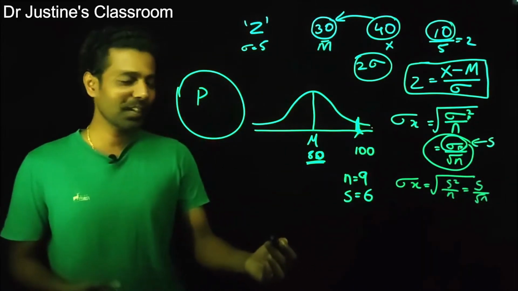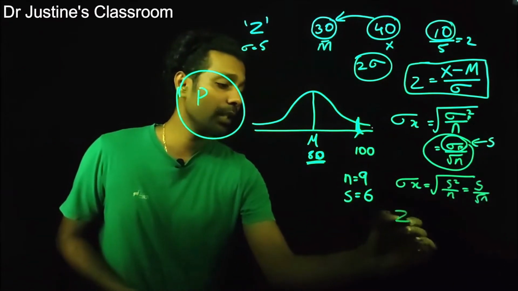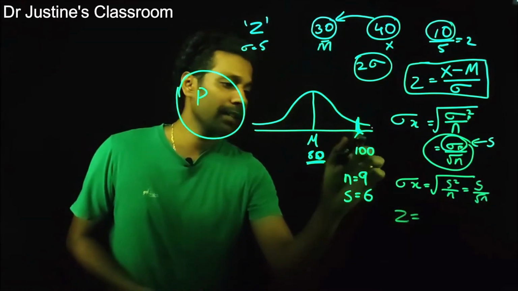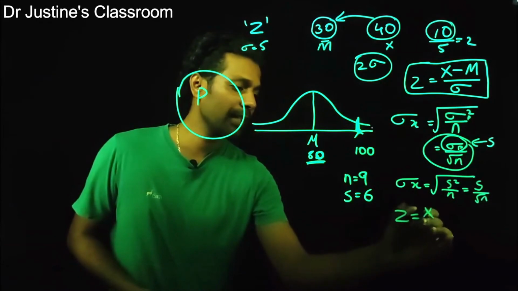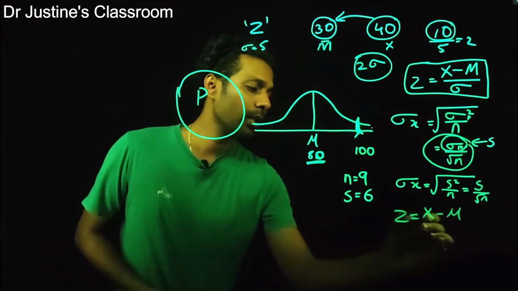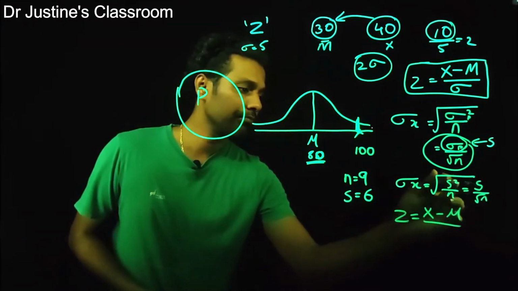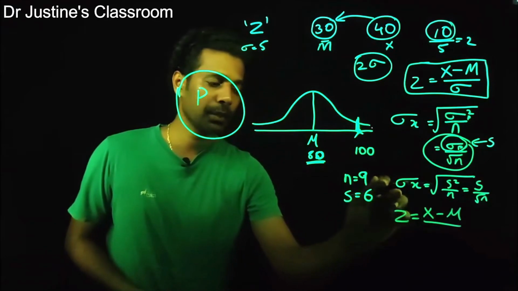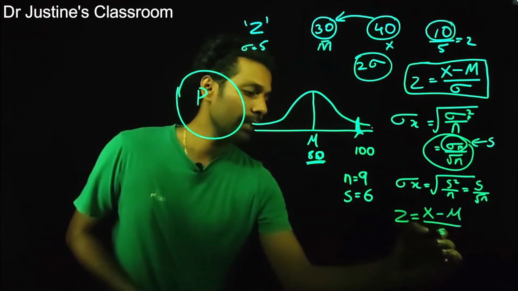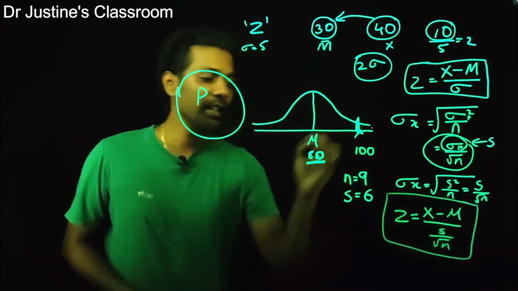Now the z value is x minus the mean value, that is the mu value, divided by the standard deviation of the particular distribution, that is s, divided by root n. So this is the way we calculate the z value.